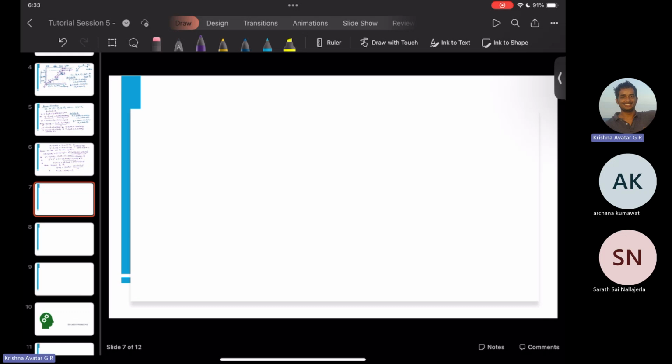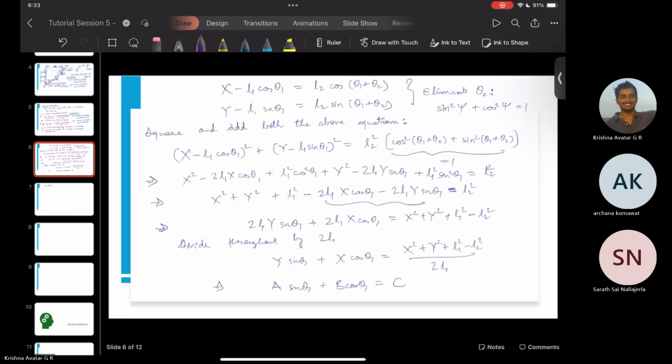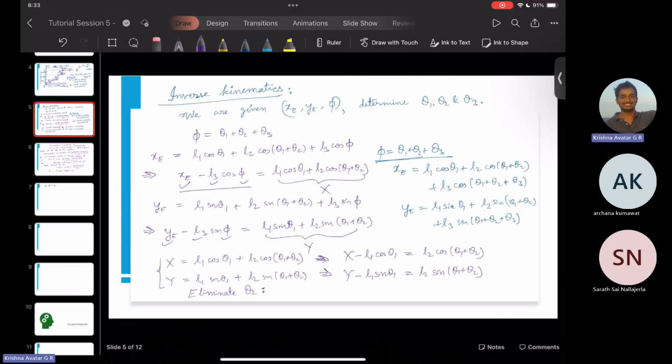So once we obtain theta 1 by all the solving, transforming it by expressing sine theta 1 in terms of tan theta 1 by 2 and solving a quadratic equation in tan theta 1 by 2, then we get the expression for theta 1, right?